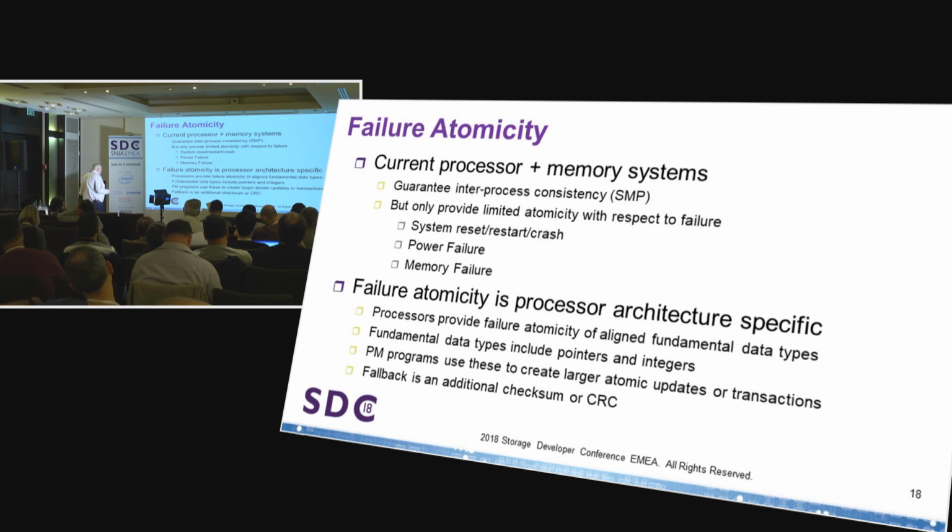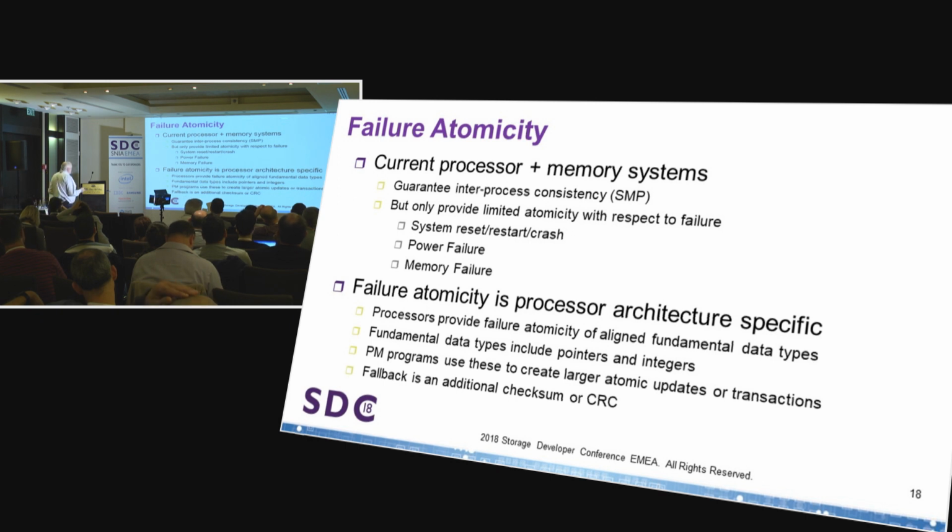And then failure atomicity. Today what you have is atomicity that guarantees inter-process consistency. And that's a symmetric multiprocessing concept, right? But it only provides limited atomicity with respect to failure, power failure mainly, right?